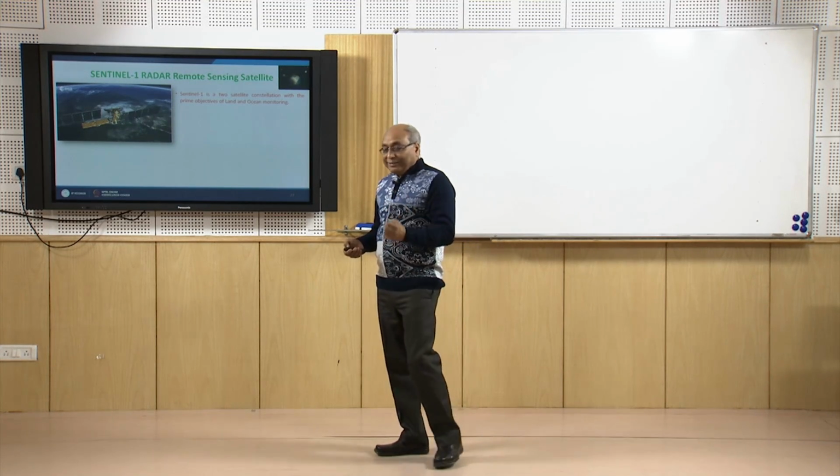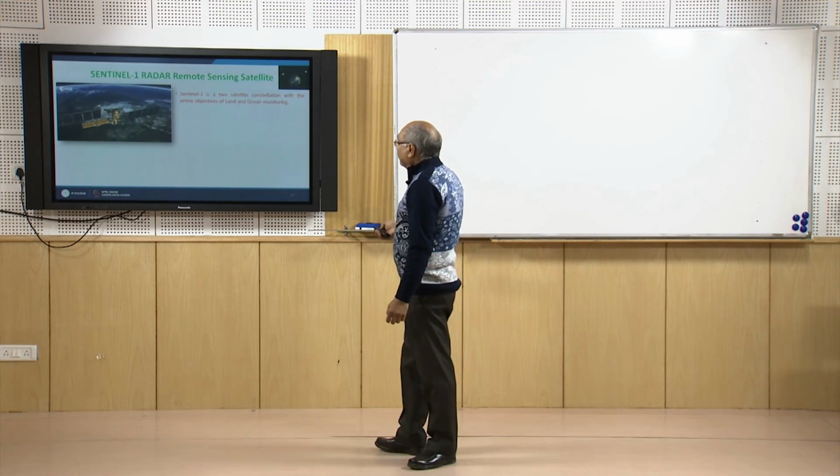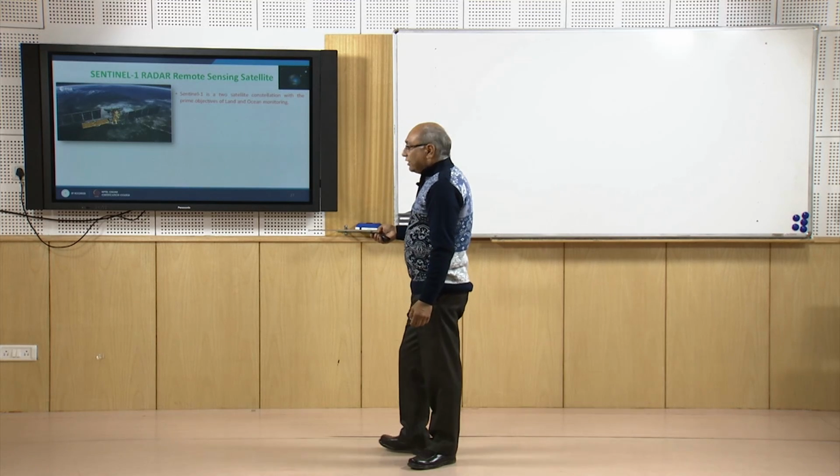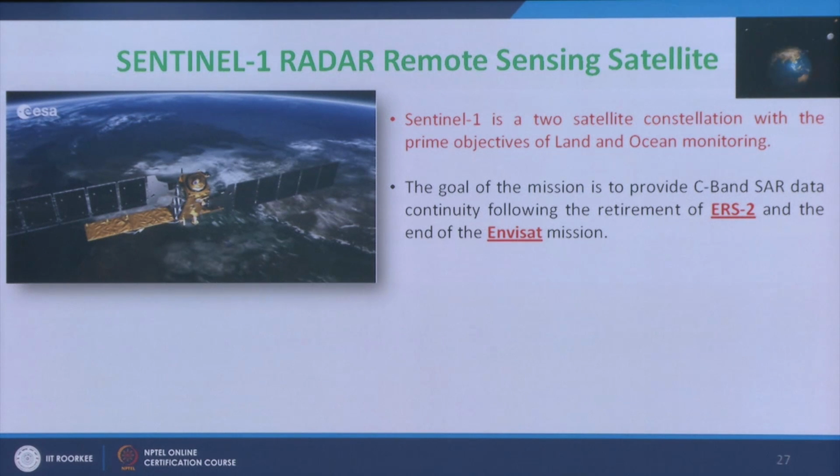One last point in this one is the Sentinel, which has become very popular, a radar remote sensing satellite, which is active remote sensing. Sentinel-1 is a 2 satellite constellation whose prime objective is land and ocean monitoring, especially because it provides data for interferometry. It operates in the C-band, and synthetic aperture radar is continuously providing the data.